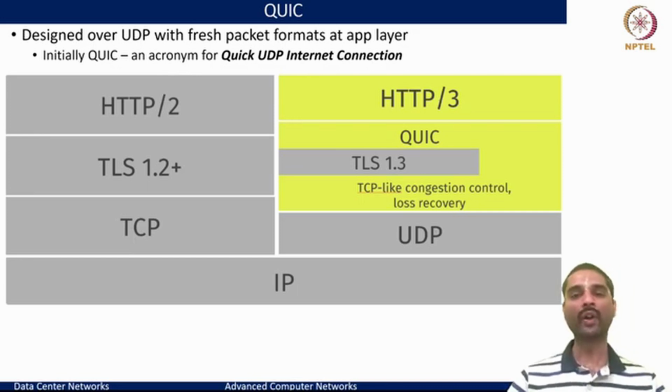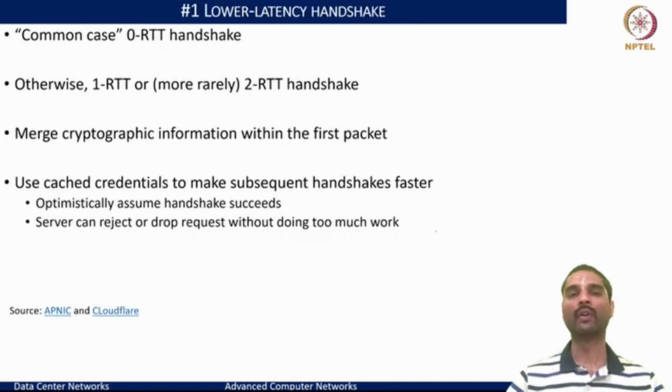And this is how QUIC brought in a significant change in how we could ensure connections come up. What it tried to address, when we consider the first issue of the TCP handshake and the latency overheads, was to bring what we call the most common case of a zero RTT handshake.